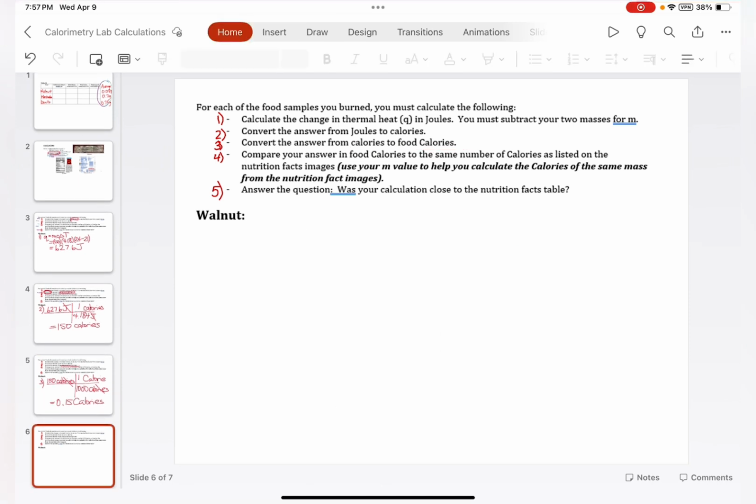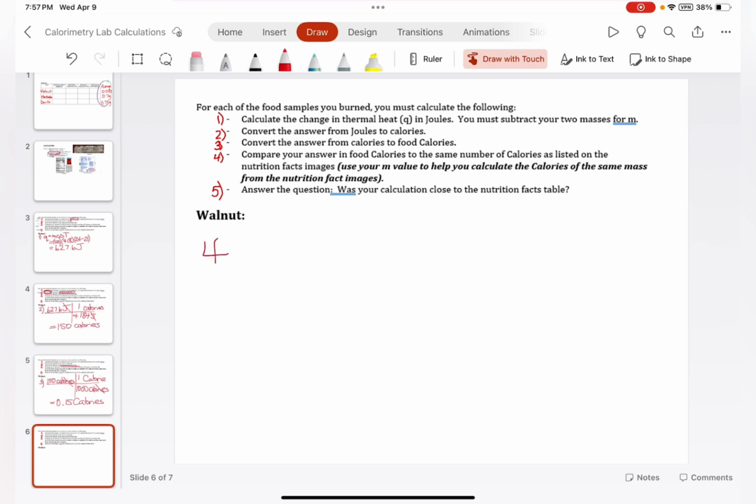We are now at question 4. This has a little bit of a step. It's just going to tell you, compare your answers in food calories to the same number that's listed in the nutrition facts. So we're trying to see what the answer should be and what answer you got from your lab.